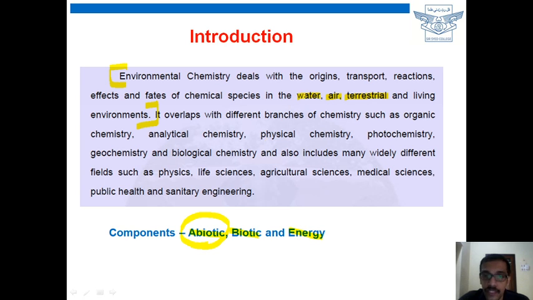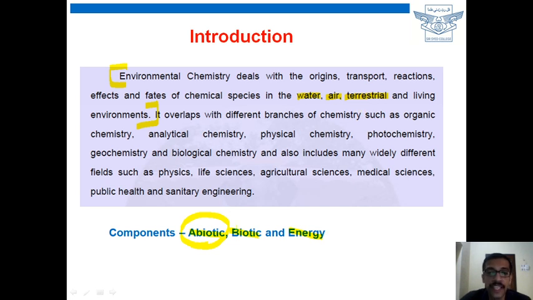In other words, these are the three segments of the environment, comprising water, air, and terrestrial component. Water corresponds to the hydrosphere, air corresponds to the atmosphere, and the terrestrial component corresponds to the lithosphere.